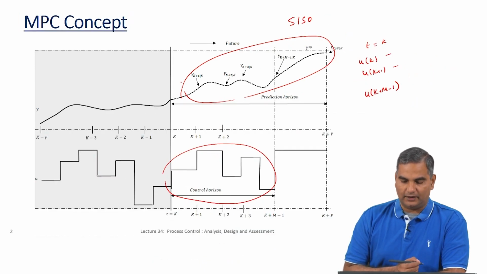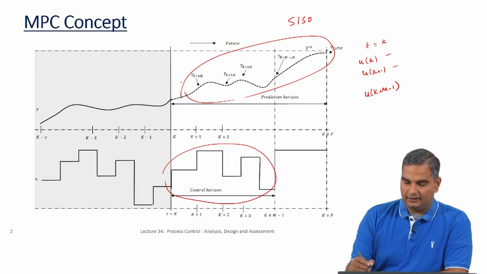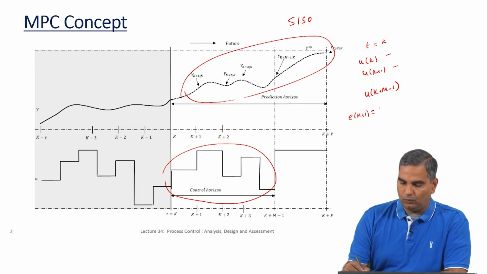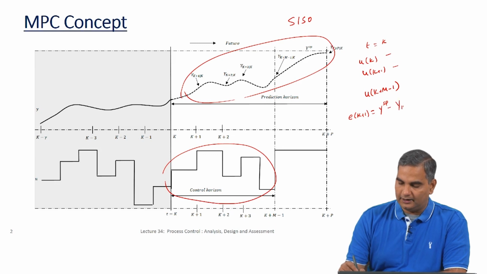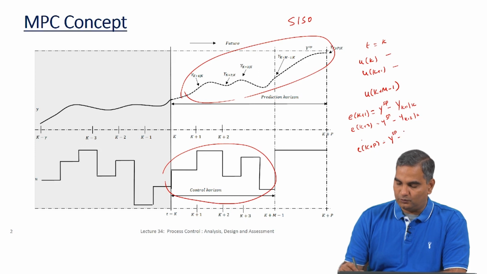How would I come up with a criteria to do this is what we are going to see in the next few slides. So, in some sense, if you think of the error, error at k+1 is y set point, whatever value I keep, minus y at k+1 given k, and error at k+2 is similarly y set point minus y at k+2 given k, all the way up to error at k+p, which is y set point minus y at k+p given k.